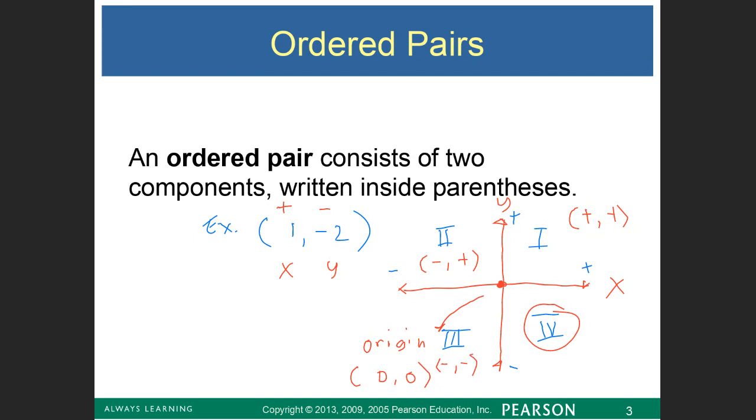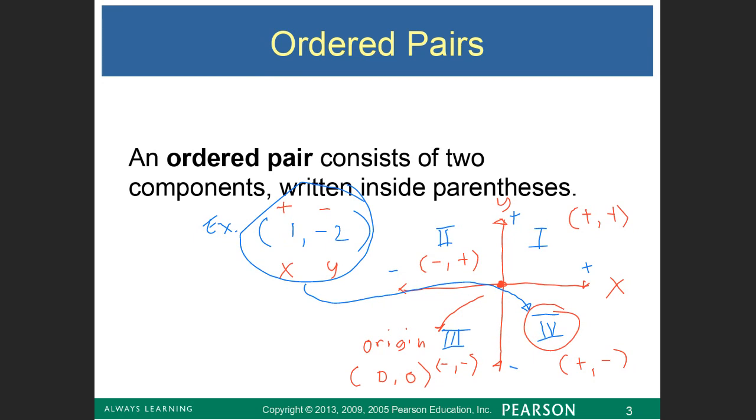In quadrant 4, x is positive and y is negative. And that's our example ordered pair, and it's going to be in quadrant 4. That's the location.